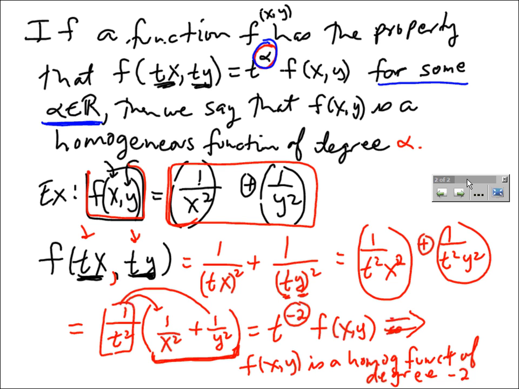It can be any real number. So we just defined what a homogeneous function is. In a way, you can factor out the t. You can factor out the same thing from both of them, but you might get some power other than 1.